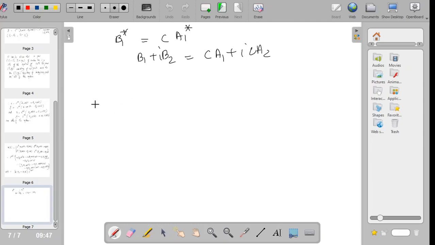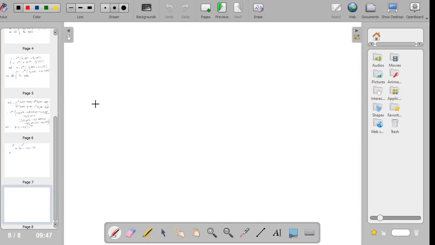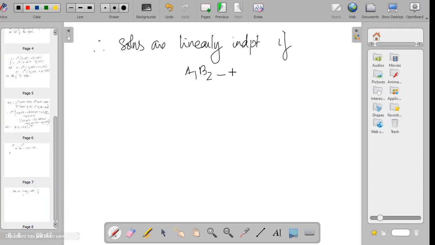So therefore the solutions are linearly independent if A1 B2 minus A2 B1 is not equal to 0.